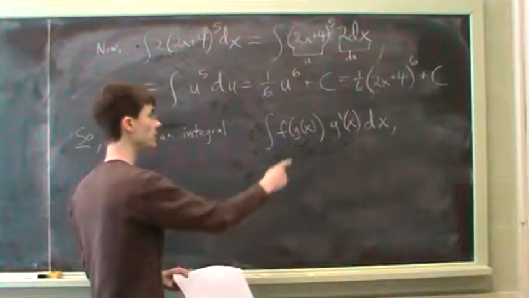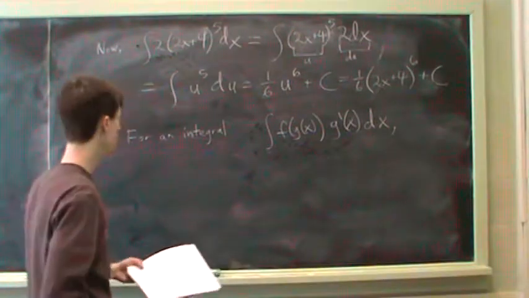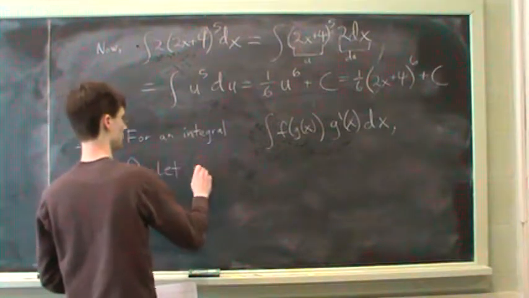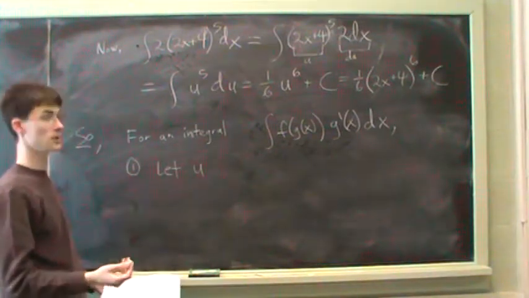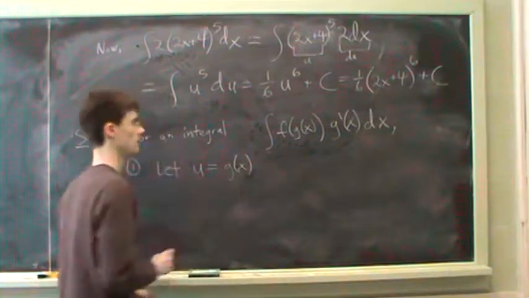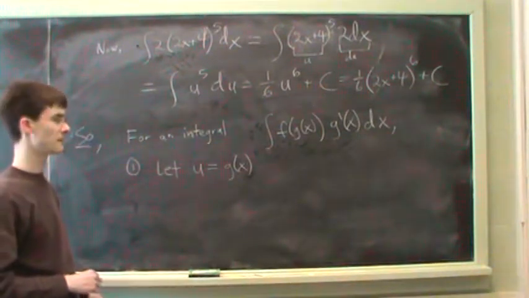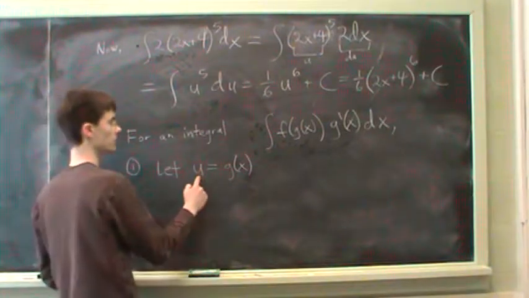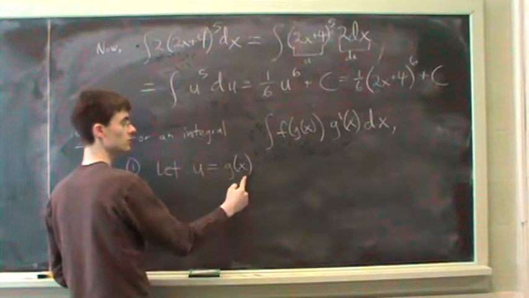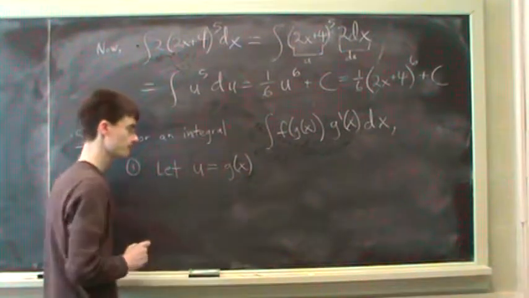Okay, so for integrals that look like this, what we're going to do first is pick a new variable, say u, and we're going to let u be g, that function. This is the equation which relates u to x.